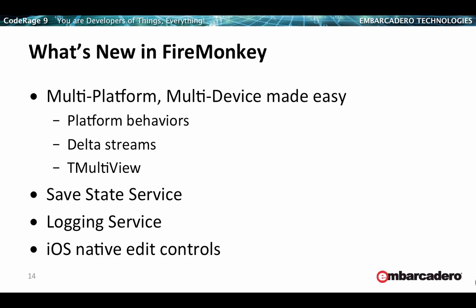We're supporting iOS with XE7. We would like to be able to do other platforms as well. And when we are able to support multiple platforms with the native presentations, there's not going to be any if-defing that should be required. That should all be handled automatically by the framework.